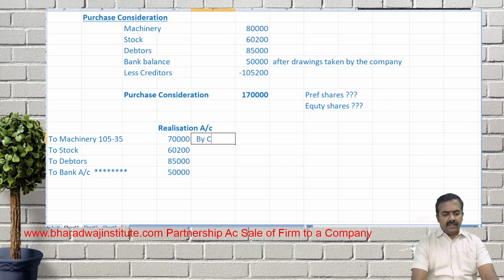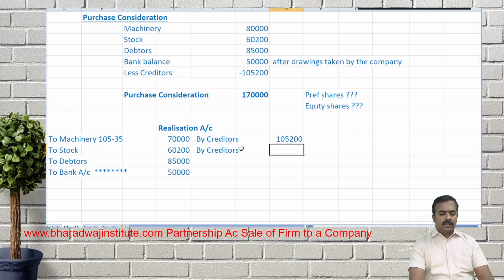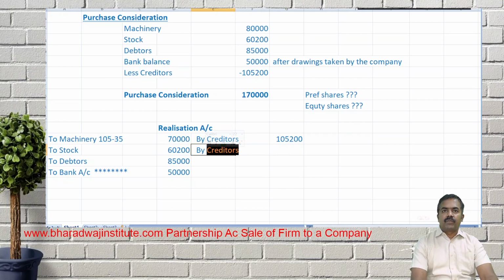What liabilities are there? By creditors 50,000. Then by purchasing company. Who is the purchasing company? That's 1,05,000. How much is the purchasing company? Who is the purchasing company? Okay, AR Private Limited account. What is the purchase consideration? 1 lakh.